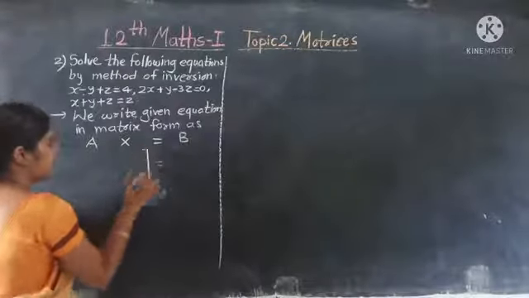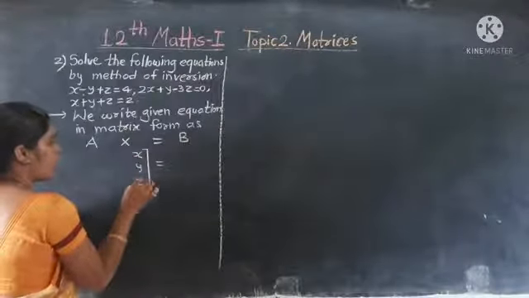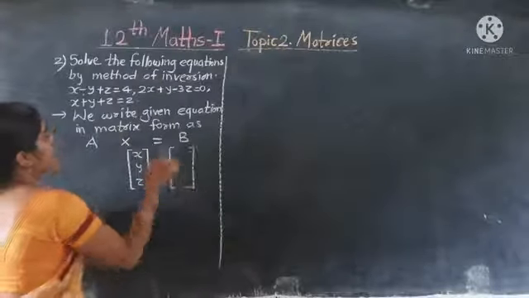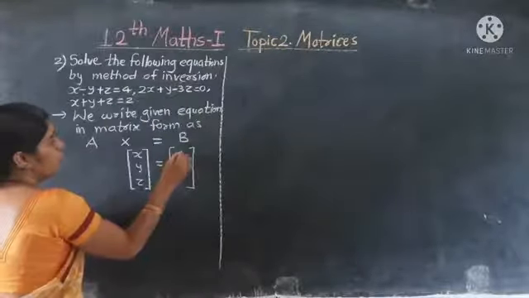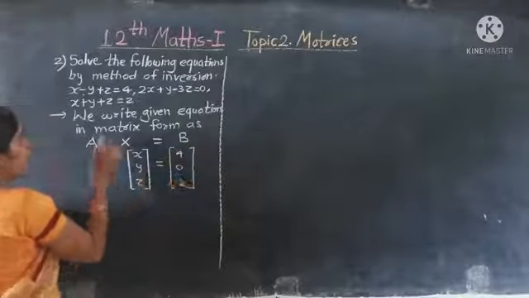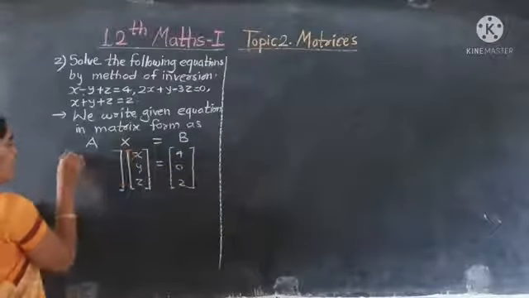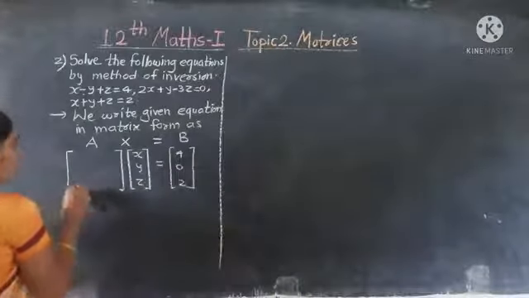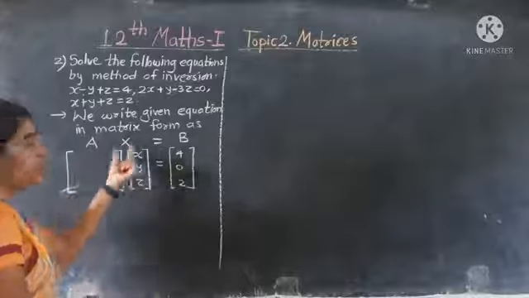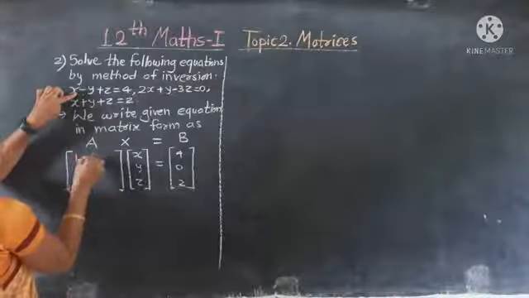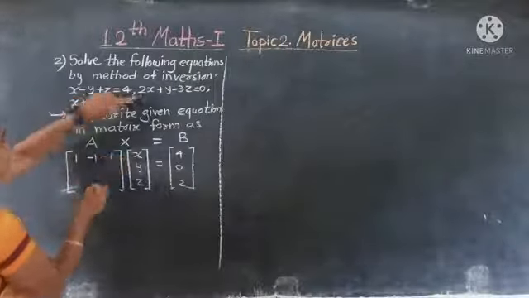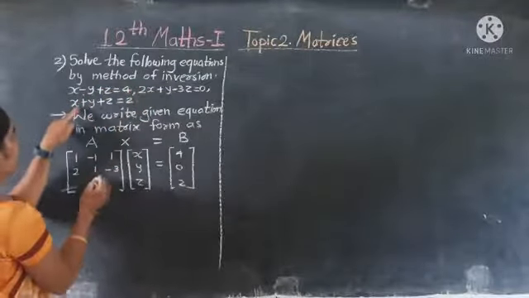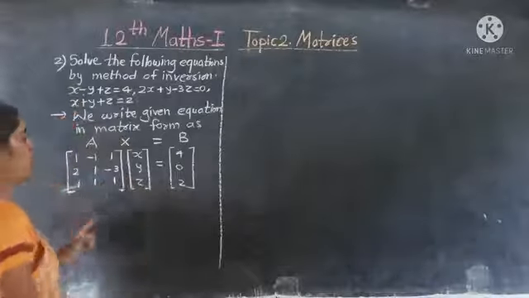Which are the variables present here? X, y and z. And which are the constant terms present here? 4, 0 and 2. And here A is the matrix of order 3 by 3. So here first column is of x, y and z. X is 1, y is -1, z is 1. 2, 1 and -3. Then 1, 1 and 1.